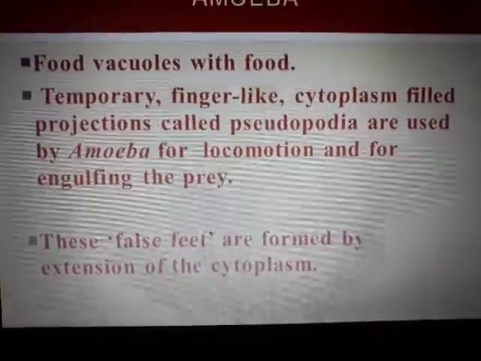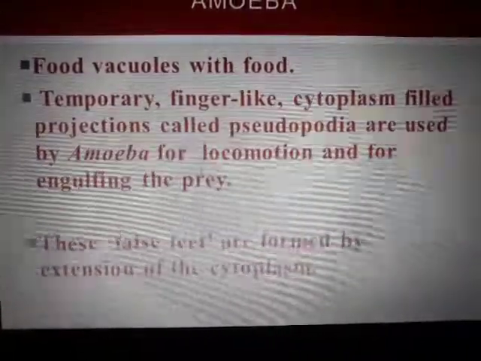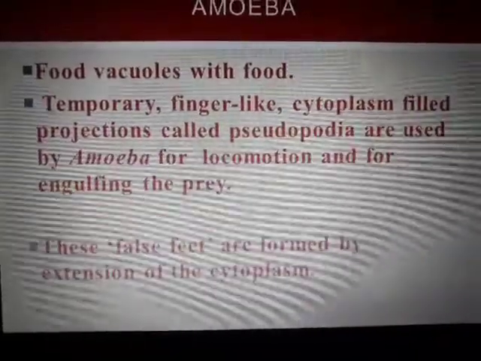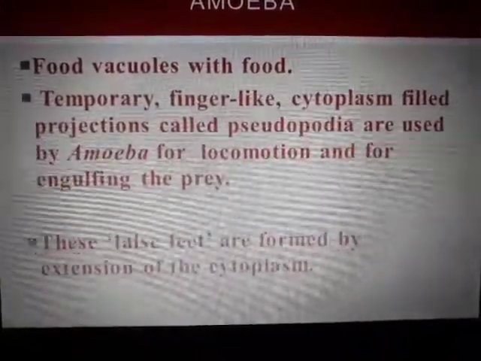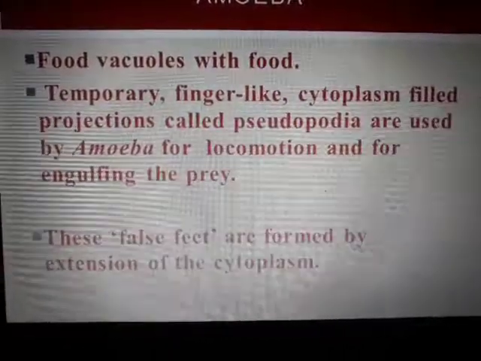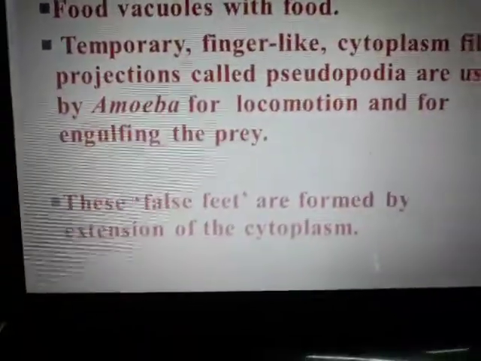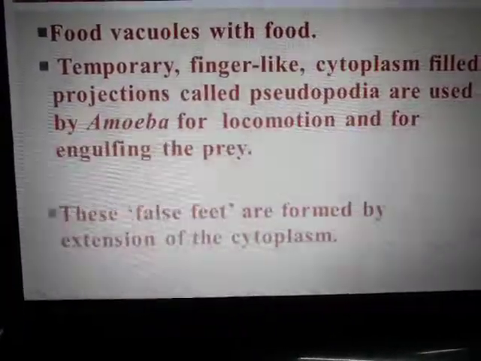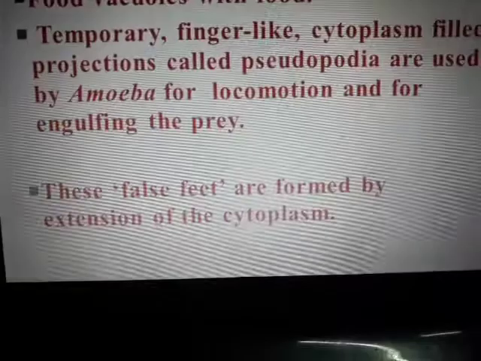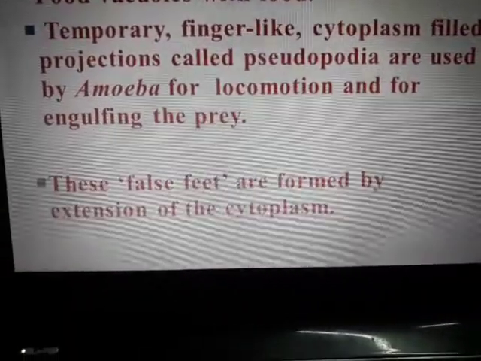खा लेता है वो, ठीक है. This pseudopodia will act like a net for the prey. It will just surround itself around the prey and absorb it, engulf it. So for nutrition and also for locomotion, the pseudopodia is acting. These false feet are formed by the extension of the cytoplasm.